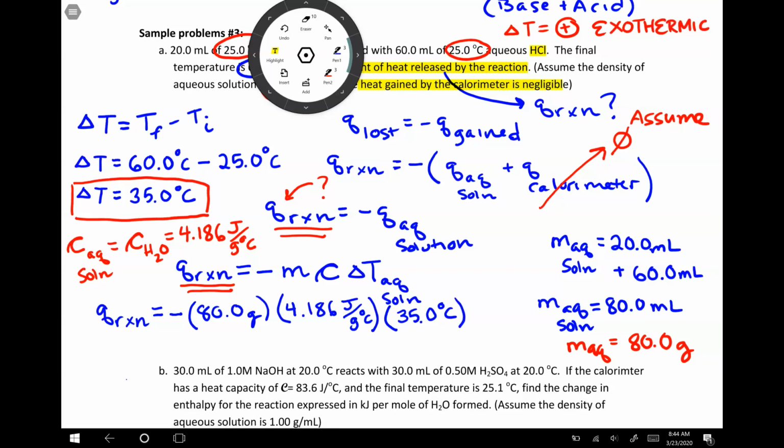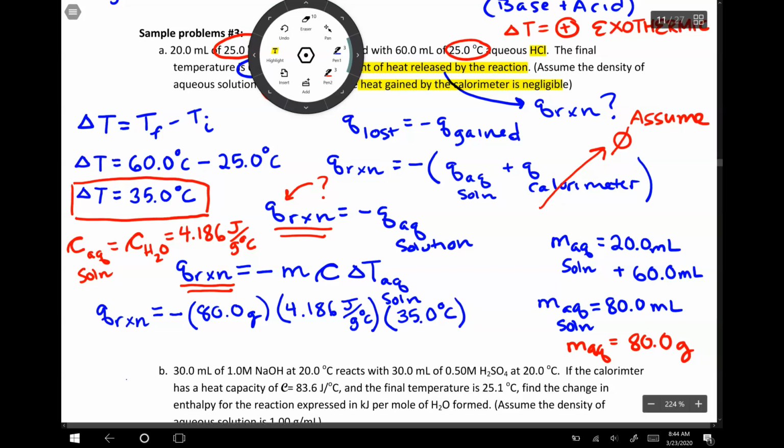I'm going to do my math, so I'm going to do 80.0 times 4.186 times 35.0 degrees Celsius. Notice how my units are canceling, so grams will cancel with grams in the denominator, degrees Celsius will cancel with degrees Celsius, and I've got these units of joules left over. I'm solving for Q reaction.